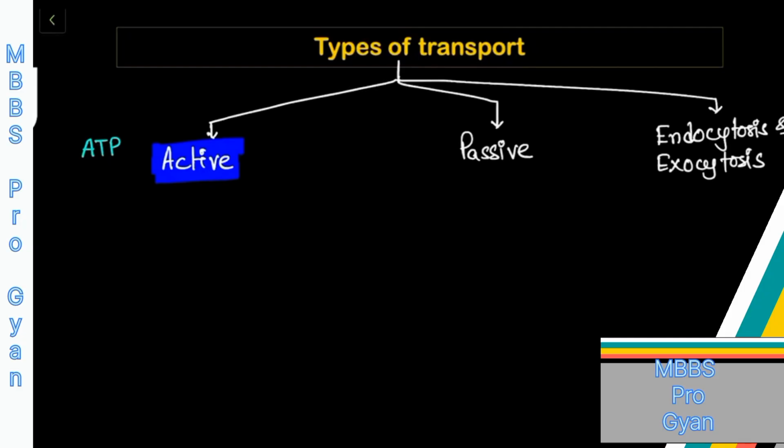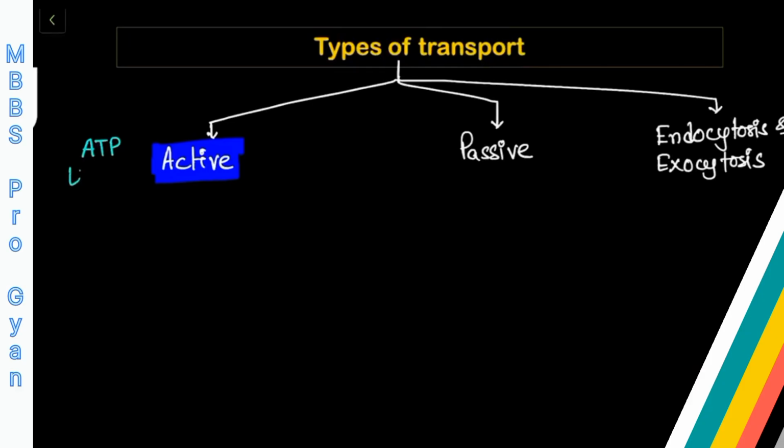This is known as against the concentration gradient, or also known as uphill transport. So please remember, active transport requires adenosine triphosphate, and this is uphill transport. It occurs from low solute to high solute concentration.